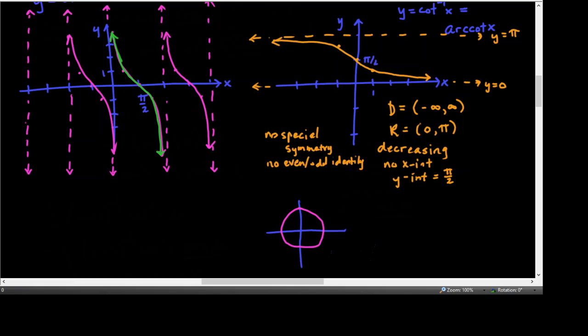Okay, for this one we're going from 0 to pi, but we're not including 0 and we're not including pi. That should remind you of the tangent inverse. We didn't use the endpoints for that one either.